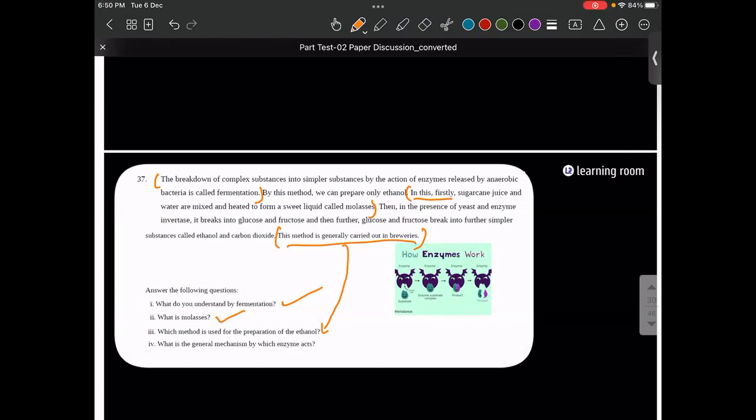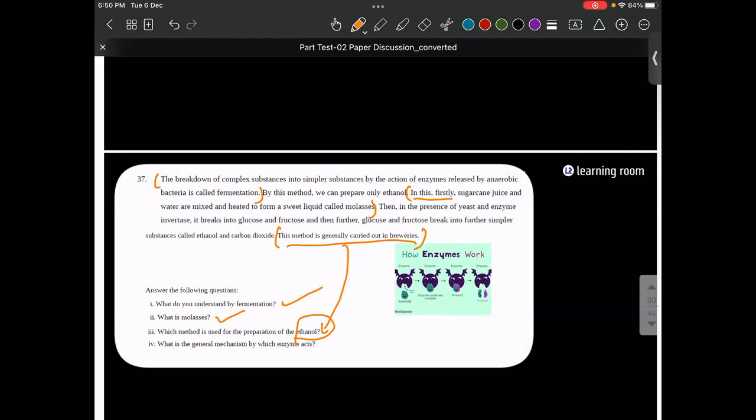But what is the correct one? In fermentation, you get different products. Your idli dosa batter is fermentation. Your bread making is also fermentation. Now, this is about ethanol. Ethanol is not just by fermentation. It is specifically the fermentation of sugarcane juice.